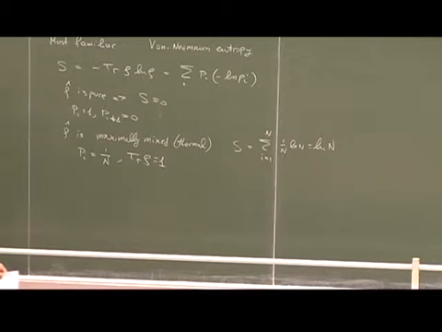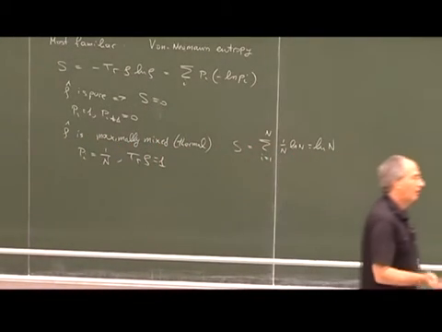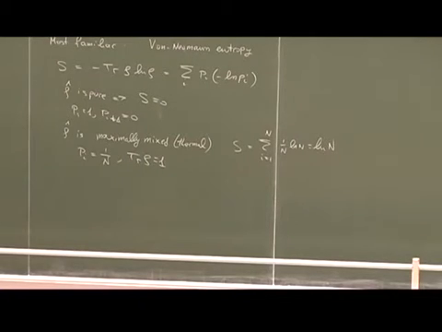Now, this is a very nice quantity. We all learned about it. We know it from statistical mechanics, etc. The problem is that it's extremely impractical. Why? Because of the log. Suppose that we have some matrix and we want to compute its log.